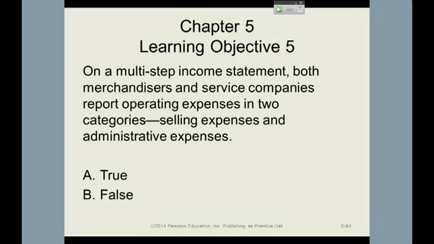They do have sales, but when we think of service here, we're thinking about a computer software company that develops software, or a lawyer or a CPA. You do some advertising. There are some selling expenses, but for the most part, they would be administrative. So this one, as I said, could go either way, but the answer is probably false, because the merchandiser is going to have a lot more selling expenses because they're actually selling a physical product.